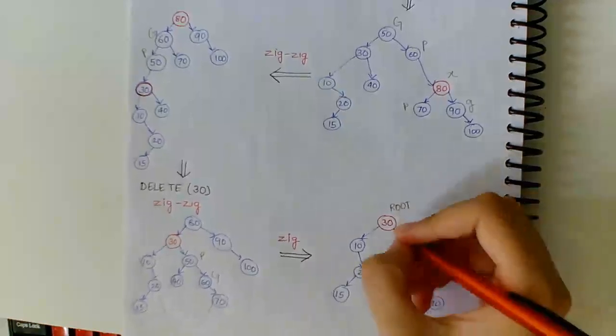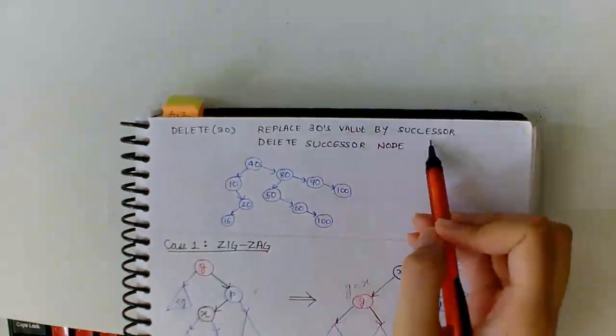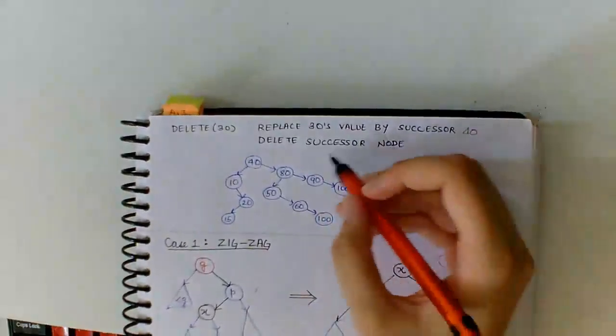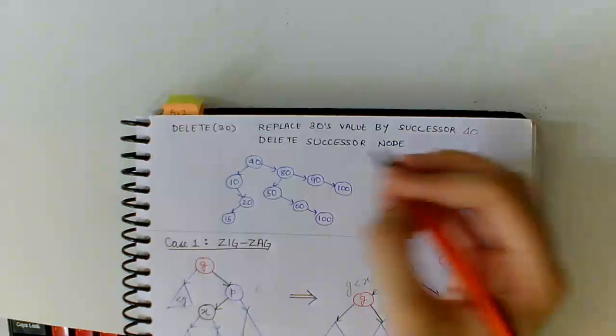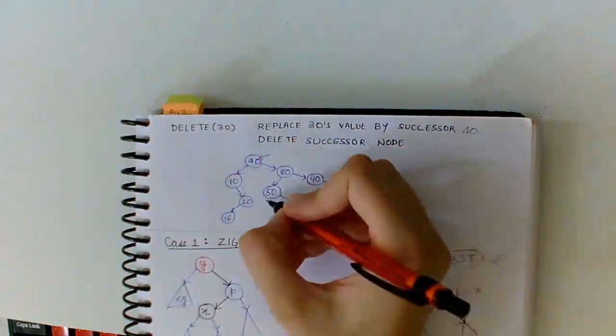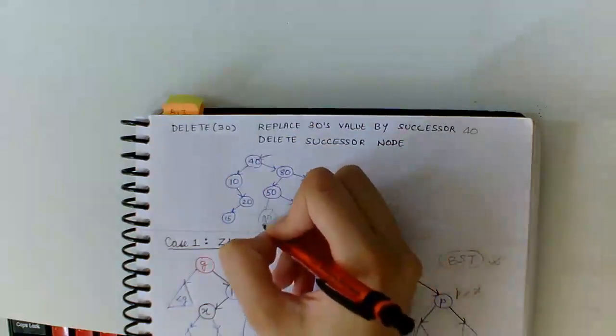Now moving on, we need to delete 30. So we replace 30's value by its successor. The successor in this given question is 40, and we delete the successor node. So we replace the value of 30 by 40 here in the root, and the 40 which should have been here is now deleted.